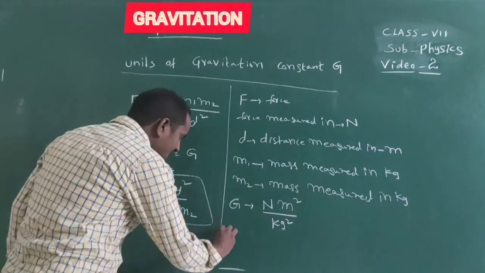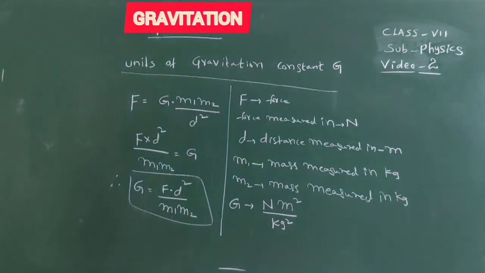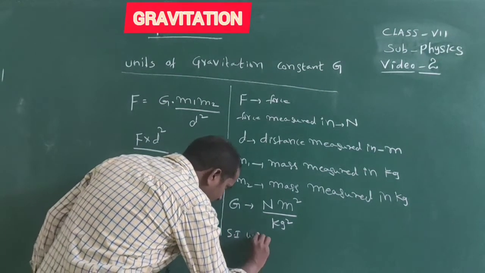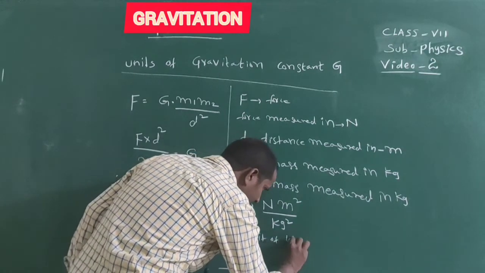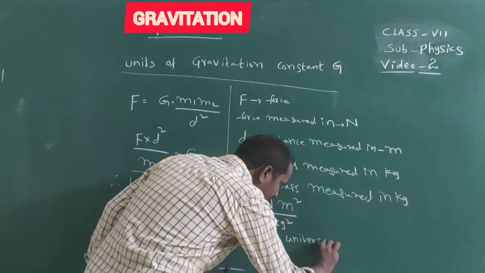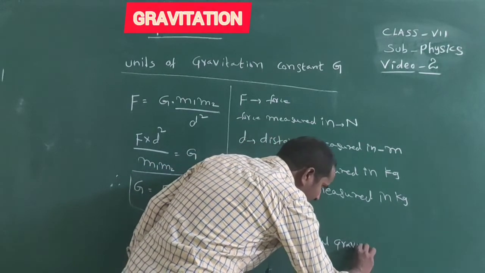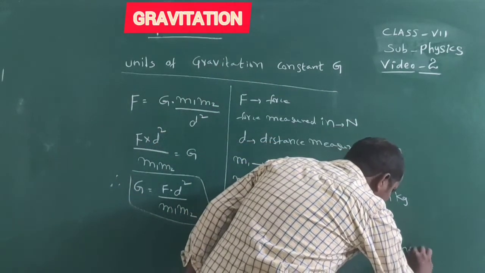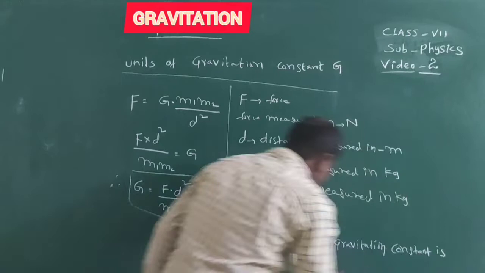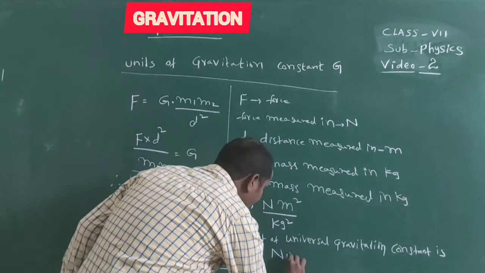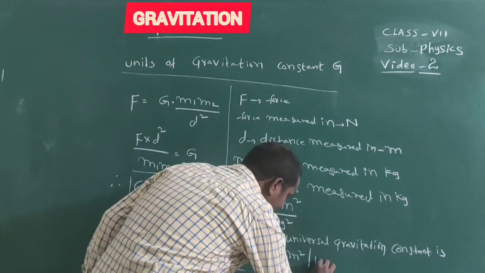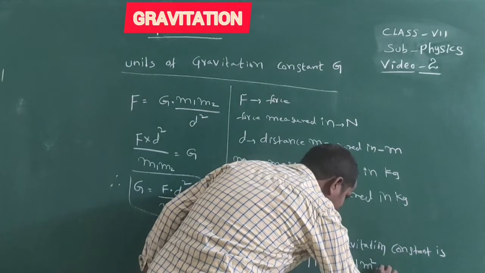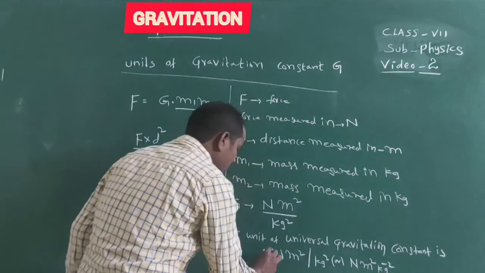Now the SI unit of universal gravitational constant is newton meter square per kg square, or we can write newton meter square kg power minus 2 also.